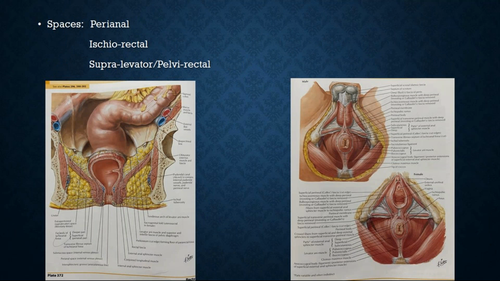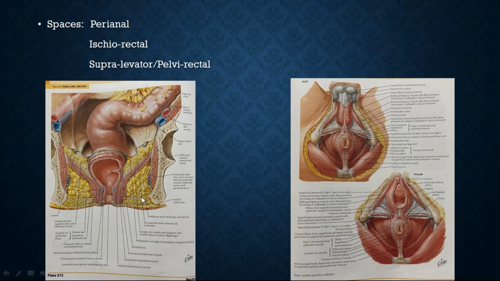Next important are the perianal spaces, the ischiorectal space and the supralevator space. Here you can see this is the perianal space. This is the ischiorectal space. This is the supralevator space. So what is the perianal space? Here you can see the blue colored thing, the external hemorrhoidal plexus, and this is the subcutaneous part of the external anal sphincter.